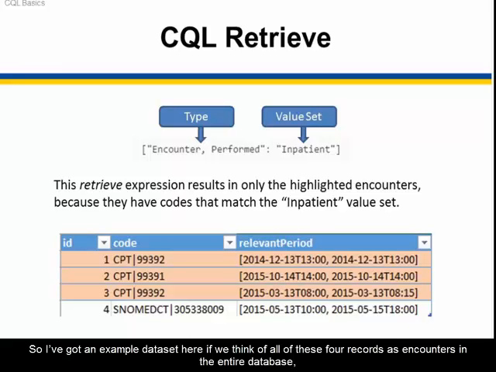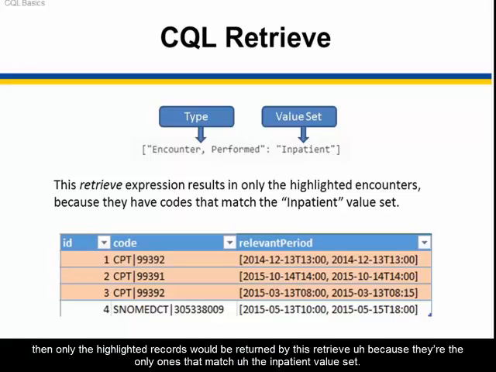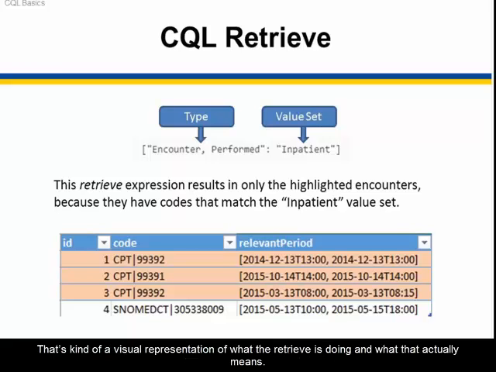So I've got an example data set here. If we think of all of these 4 records as encounters in the entire database, then only the highlighted records would be returned by this retrieve because they're the only ones that match the inpatient value set. So it's kind of a visual representation of what the retrieve is doing and what that actually means.